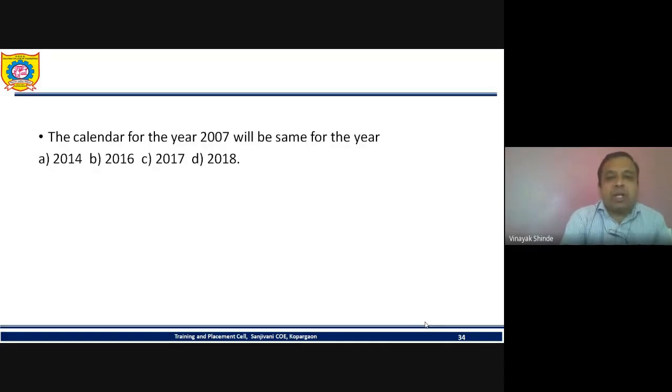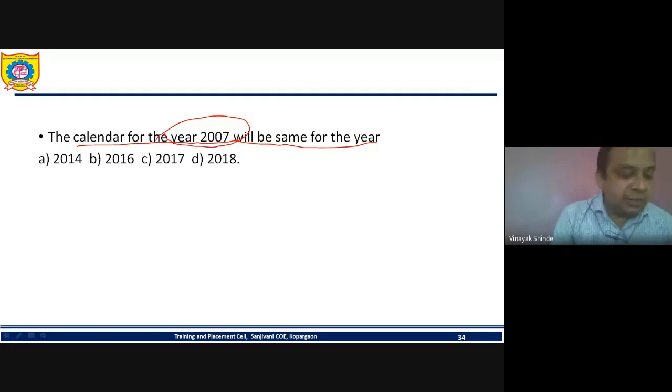The calendar for the year 2007 will be the same for the year... The calendar for the year 2007 will be same, means you need to find the same calendar year. The days and dates which we have in 2007, the same days and dates you should get.